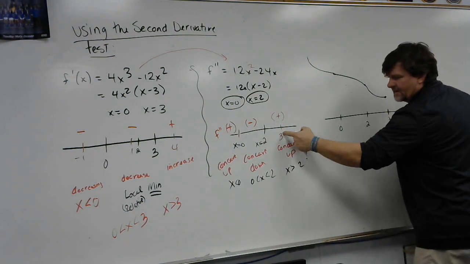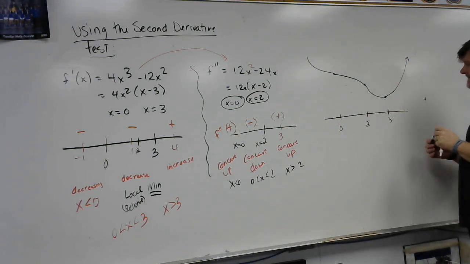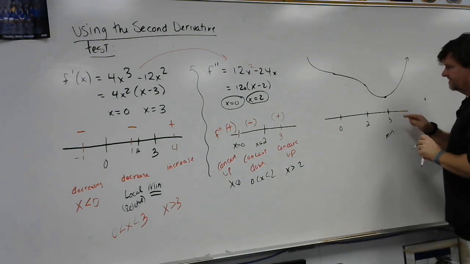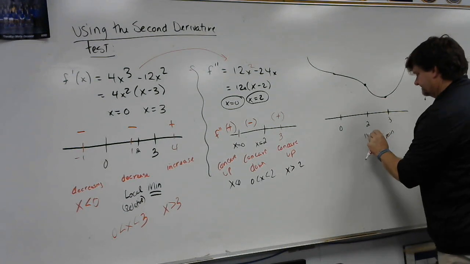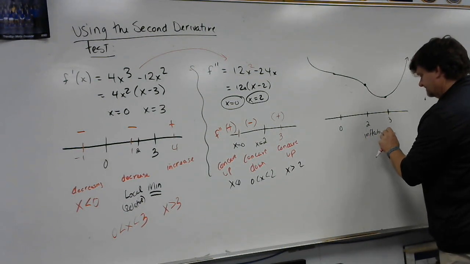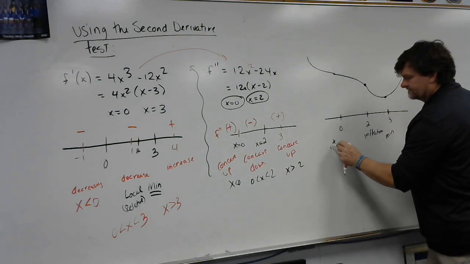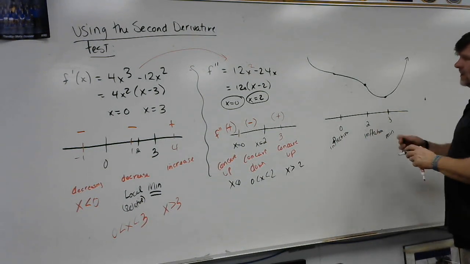And then from 3 on, it's concave up. So here's my minimum. Here's one of my inflection points. Here's another inflection point. So this covers all of it.